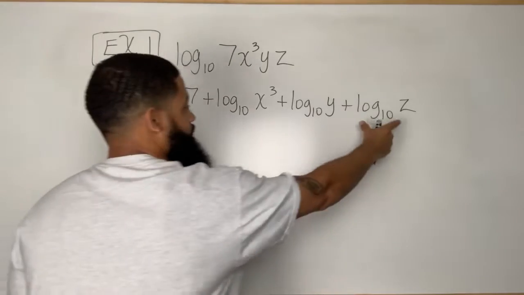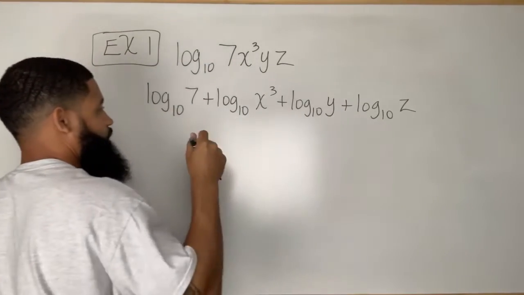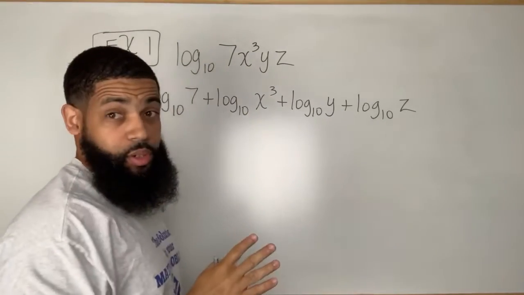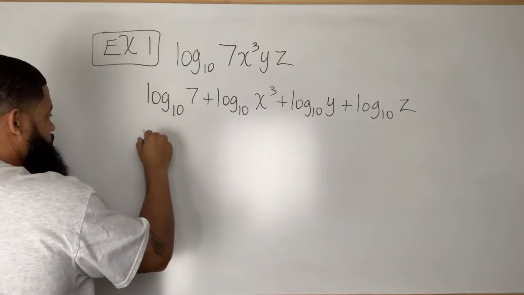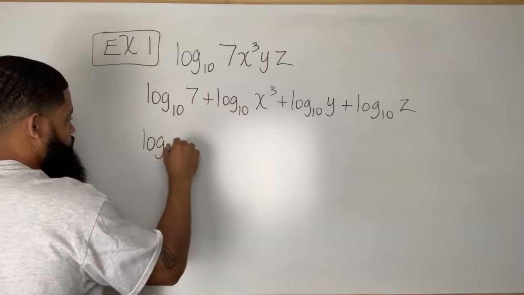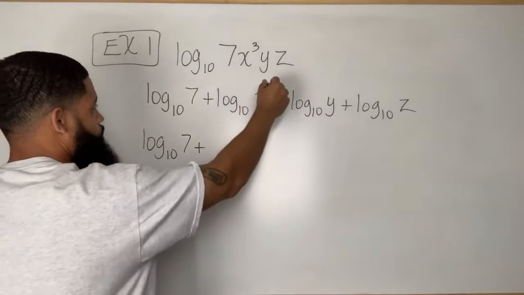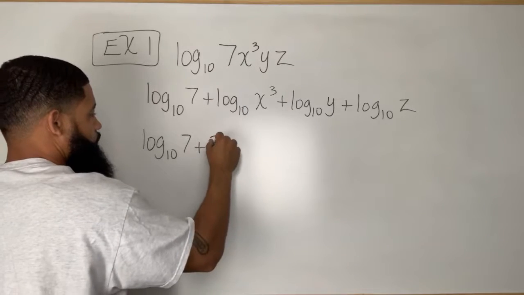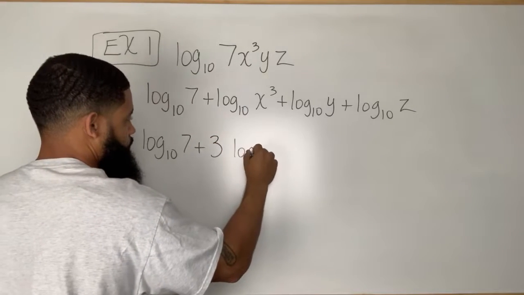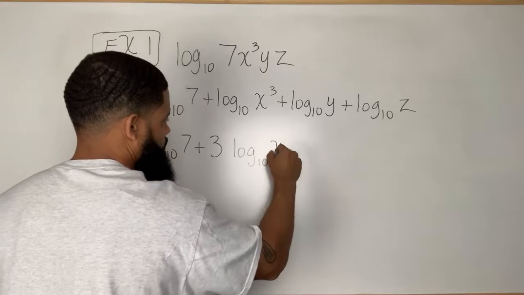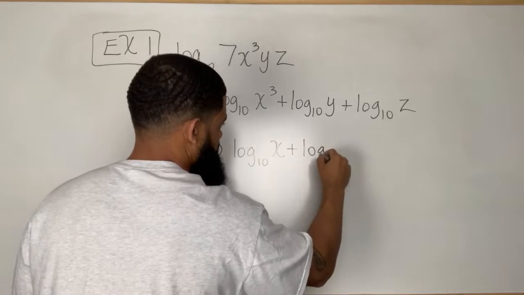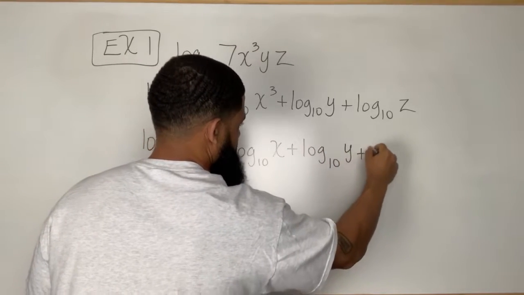All right, this can stay that way, this can stay that way. However, I have an exponent there. So I need to change that term with an exponent, and remember the power rule tells me that this exponent goes to the front. And then everything else stays the same.